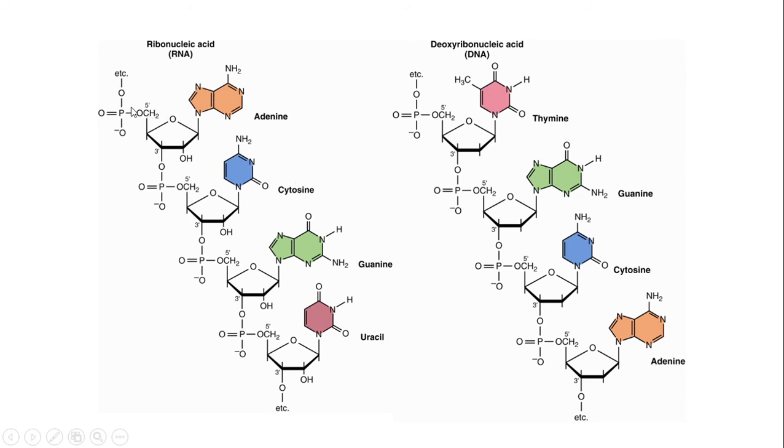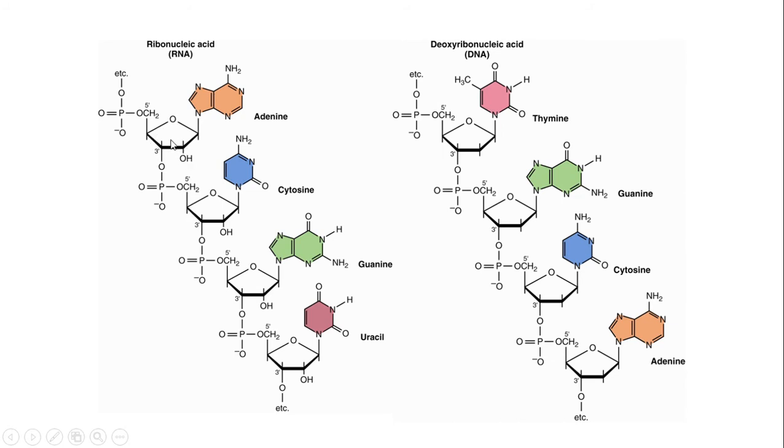The point of this is to show that we write or represent these in the 5' to 3' direction, and the linkage between these residues is going to be 3' to 5'.